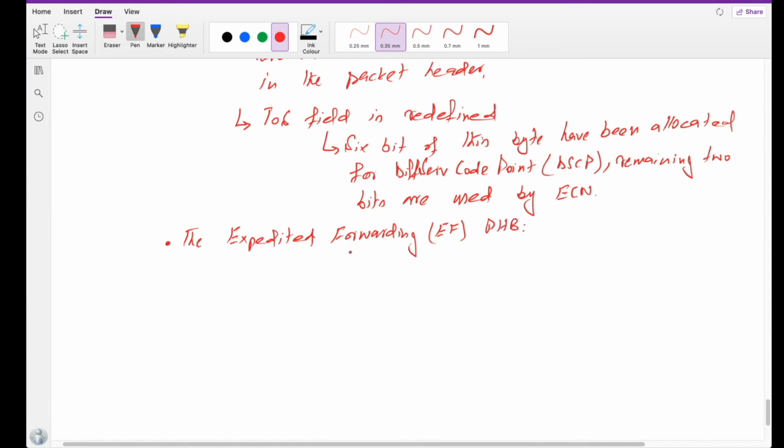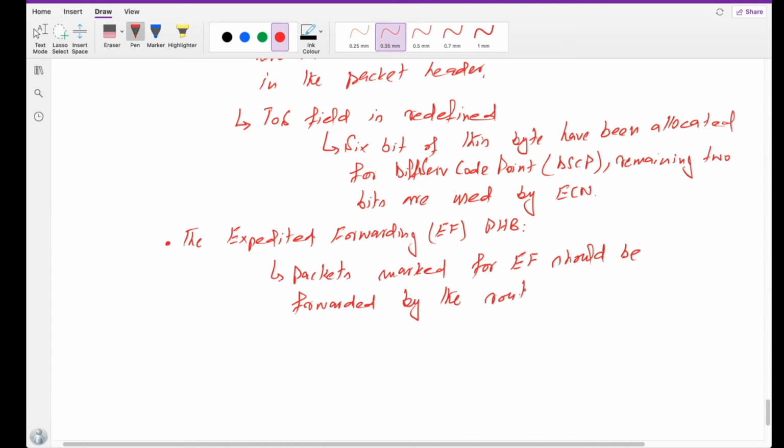In expedited forwarding, packets are marked for expedited forwarding and should be forwarded by the routers with minimal delay and loss.